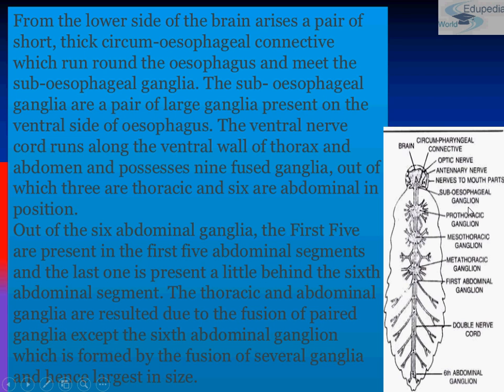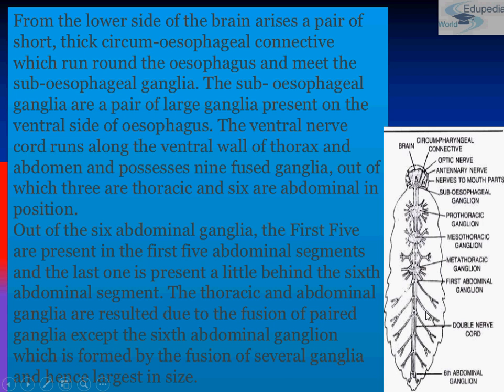These are the prothoracic, mesothoracic, and metathoracic ganglia, and the first to sixth abdominal ganglia. Out of 6 abdominal ganglia, the first 5 are present in the first 5 abdominal segments, and the last one is present a little behind the 6th abdominal segment.